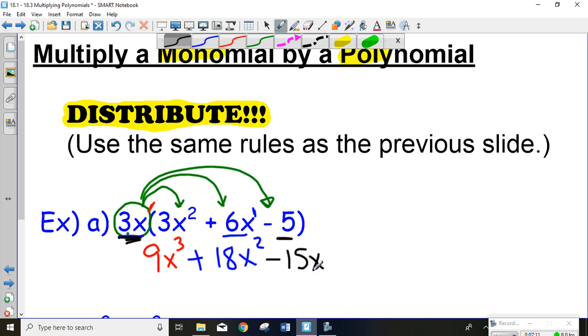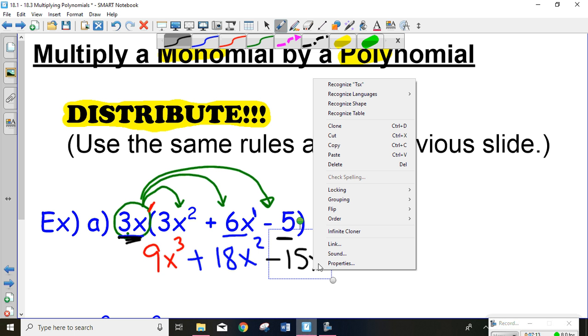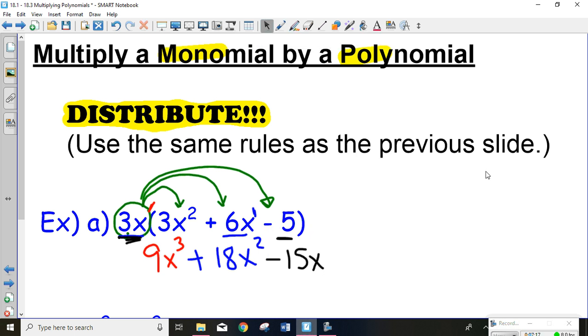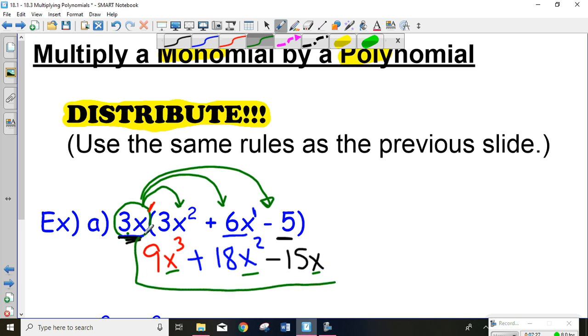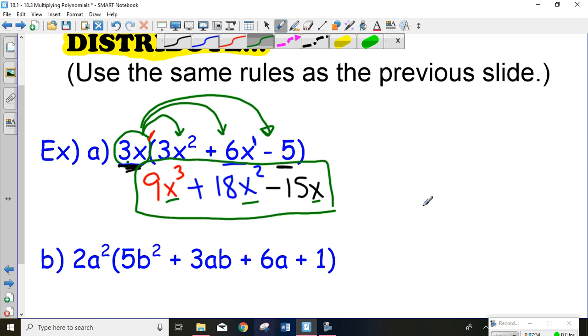Since there's an x there in the front, it's negative 15x. Because this is an x cubed, this is an x squared, and this is an x. There is nothing else I can do to this problem. I can't combine anything together. That's just my answer.